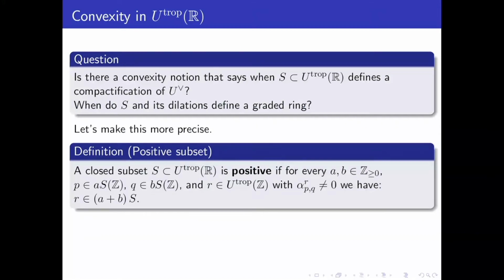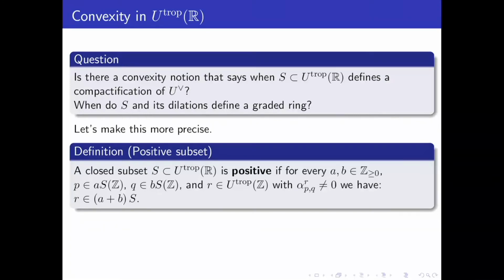If we have a closed subset of U trop R, this is said to be positive if for every pair of non-negative integers A and B, every P an integer point in A times S, Q an integer point in B times S, and R some integral element of U trop R with alpha PQR non-zero, we have R is an element of (A plus B) times S. Okay, so that's sort of a mouthful, but after you break it down, it's very natural.